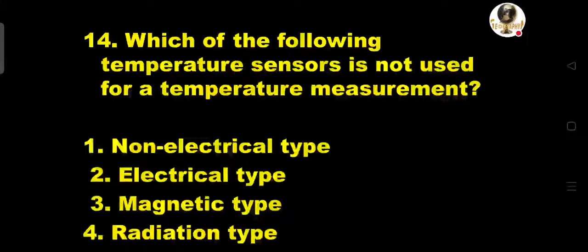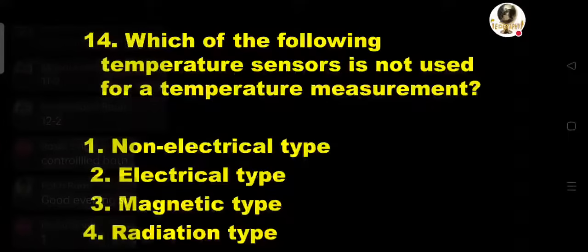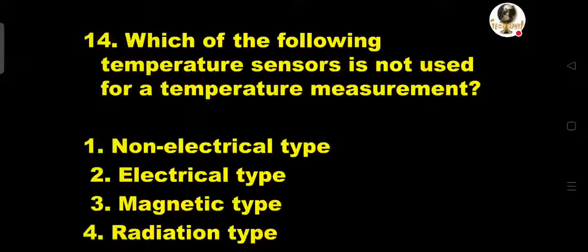The question is: which of the following temperature sensors is not used for temperature measurement? The options are non-electrical types, electrical types, magnetic types, and radiation types. I explain every question. There is no magnetic type used for the measurement of temperature in fermentation.